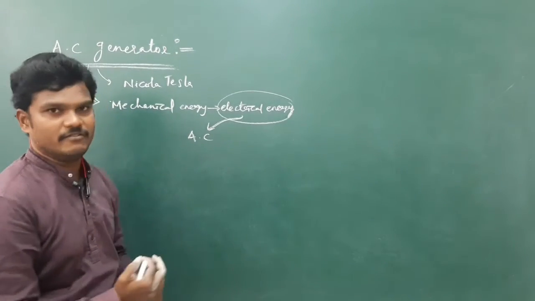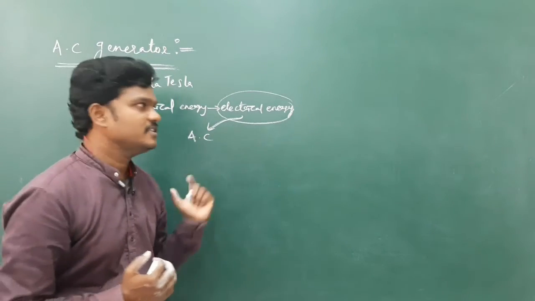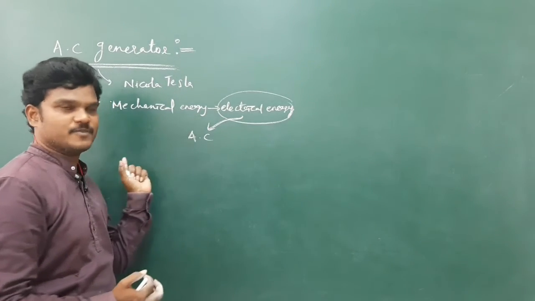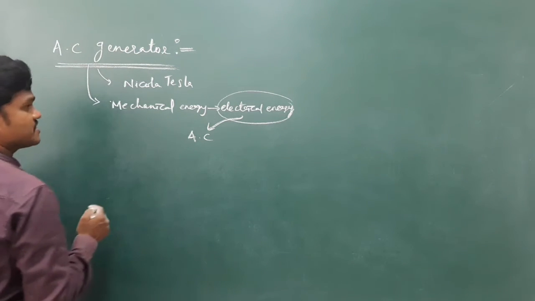Let us see how it will work and what parts are there in this generator. In this generator there are three main important parts. Let me write the parts first, next I am going to draw the diagram. See the three main parts.